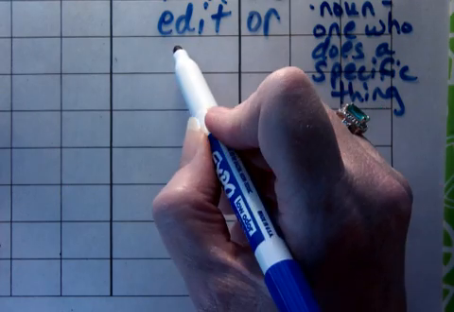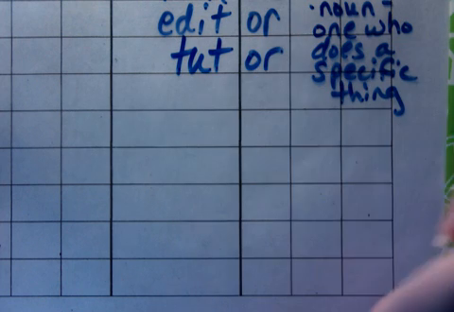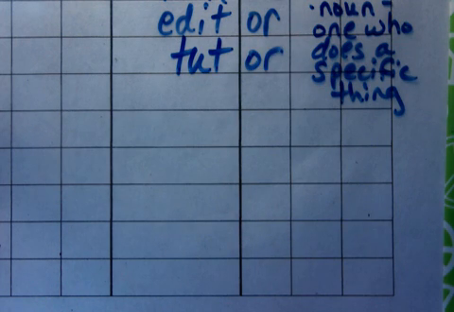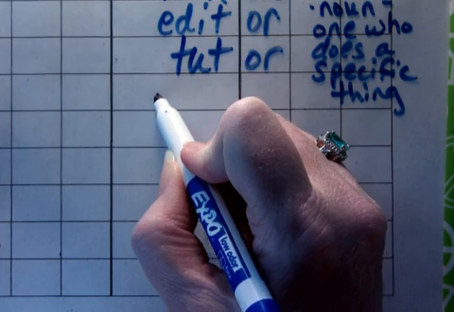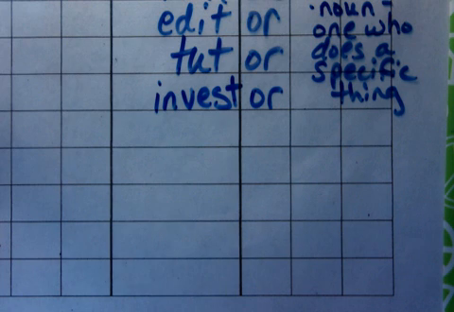The next base word is tude, because the OR is tutor. A person who tutors. A person who helps somebody learn something. Tutor. The next base word is invest, and the suffix is OR. Investor, spelled with an OR.